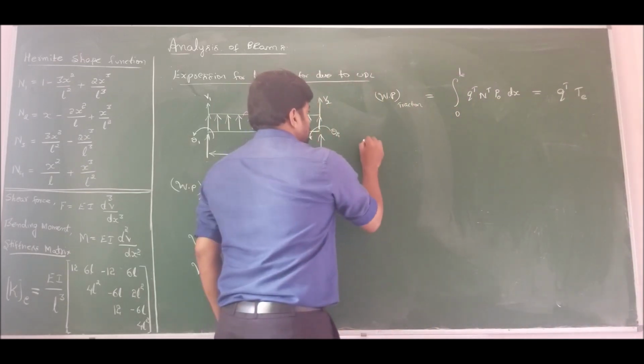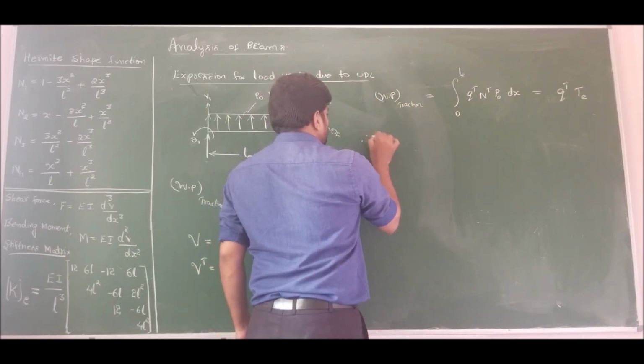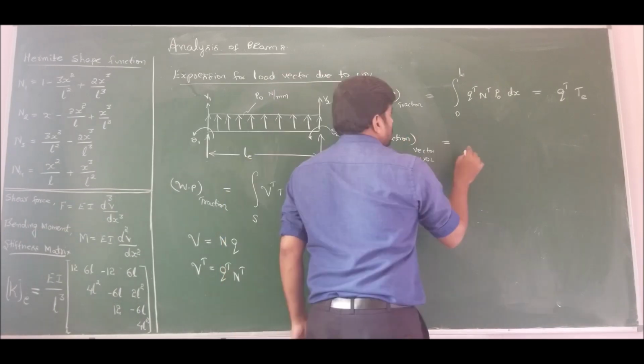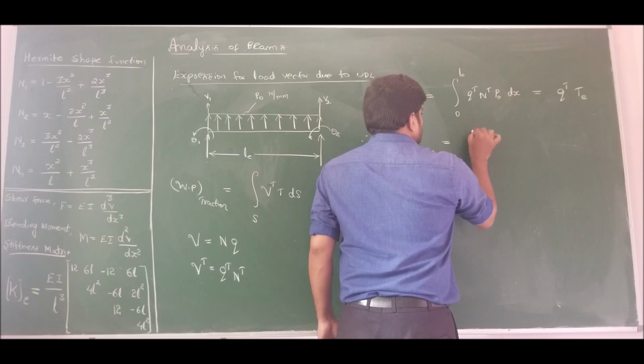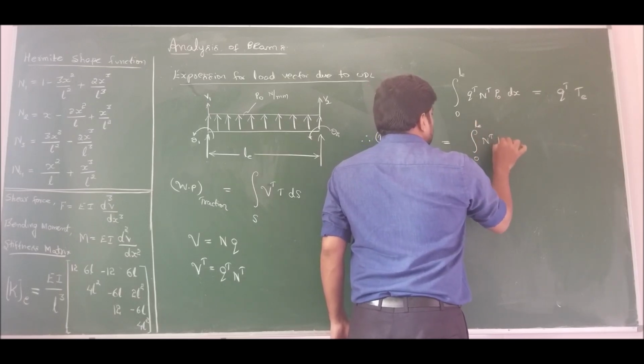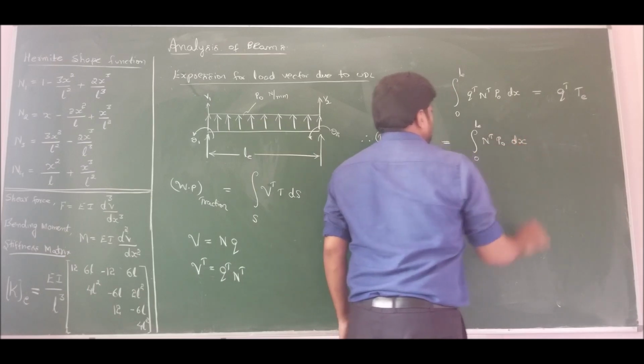Therefore, the traction load vector due to UDL is the integral from 0 to L of N transpose P0 dx.